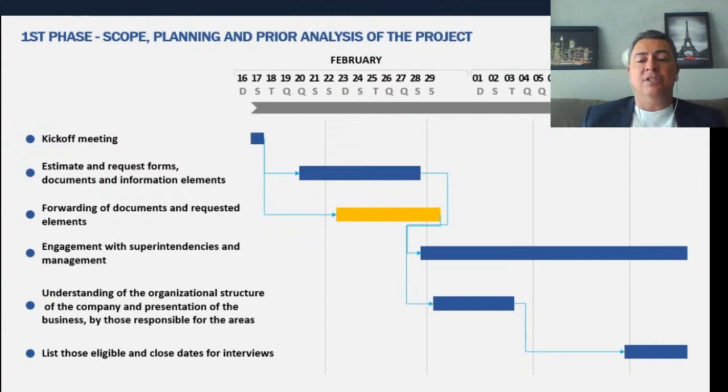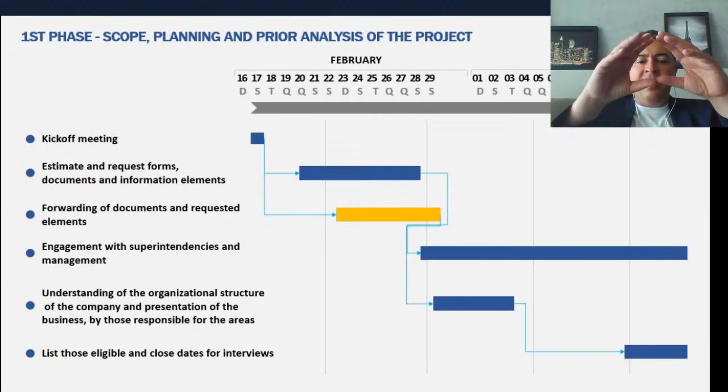Then right after that, we need to get some details of every area of the organization. So we are going to dig a little bit deeper in the organization, and the way we do that is by starting to interview the manager of every area of the organization.